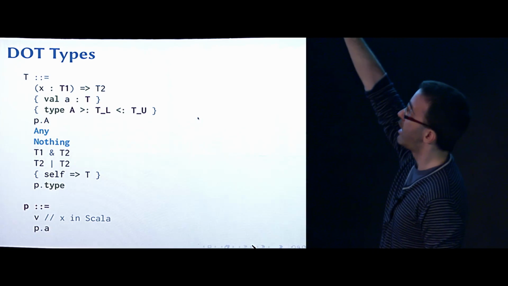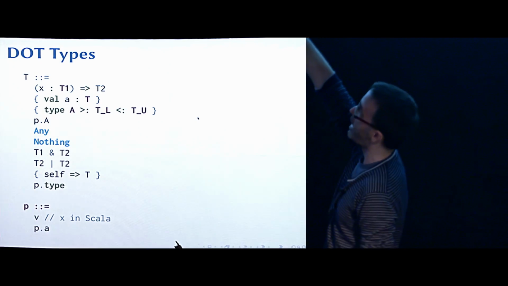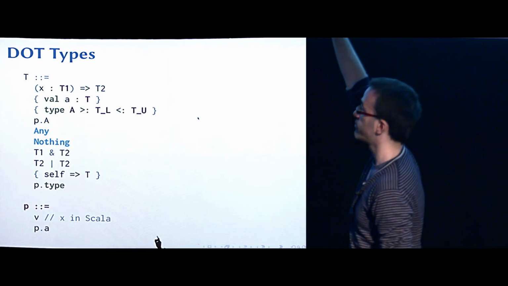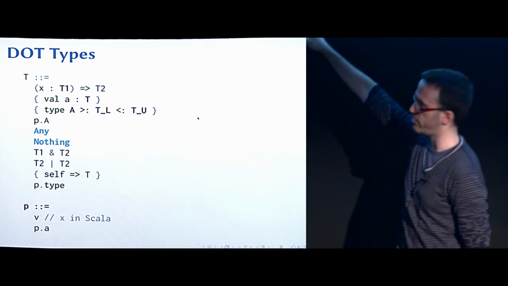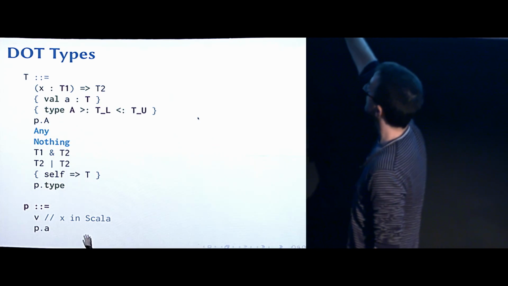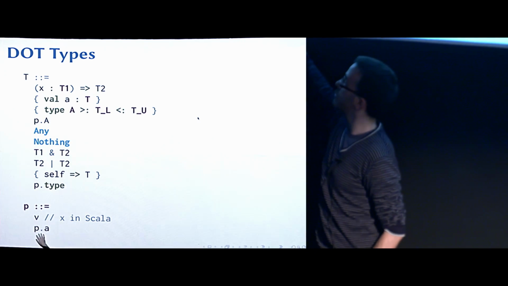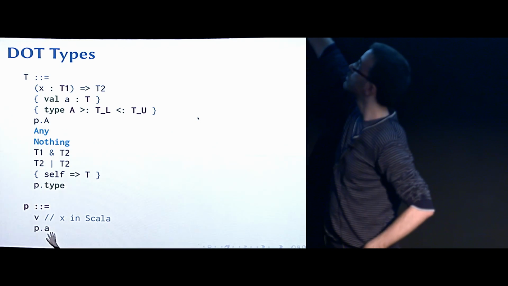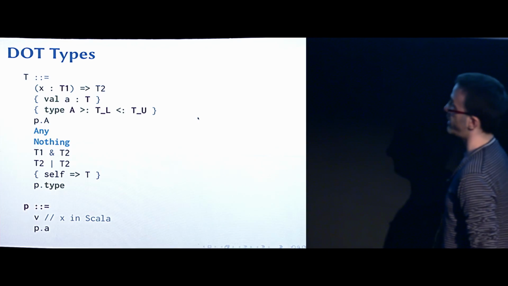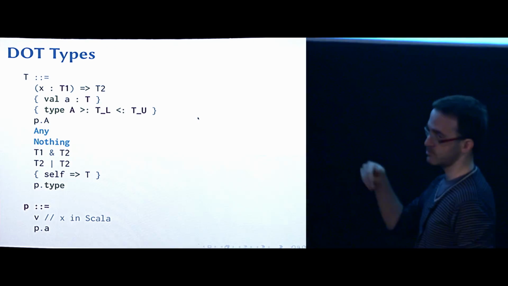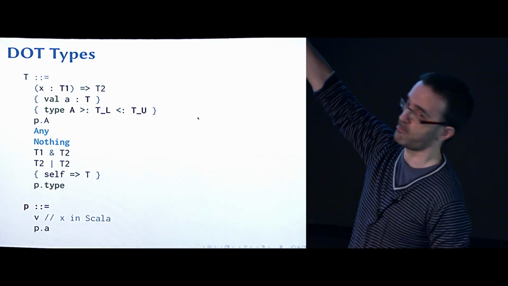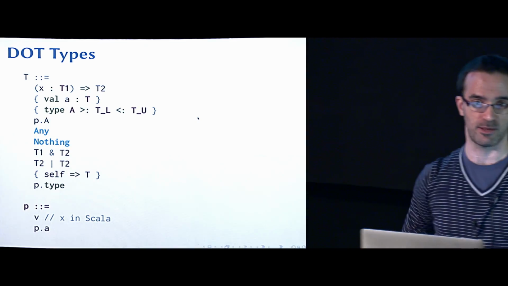The other important type that we have is the selection of a type member from a path, which can be a value. In Scala, it's just a variable. Or a path can be something like x.a.b. So we allow selecting value members out of paths to create new paths. And out of paths, we can select type members to use the abstract types we have in them.